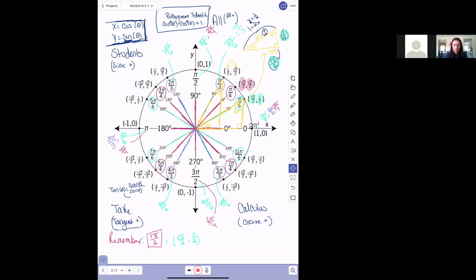So that means that when we take this distance here, a squared plus b squared, we're going to get 1, which is why sine squared plus cosine squared is equal to 1. Any questions there?